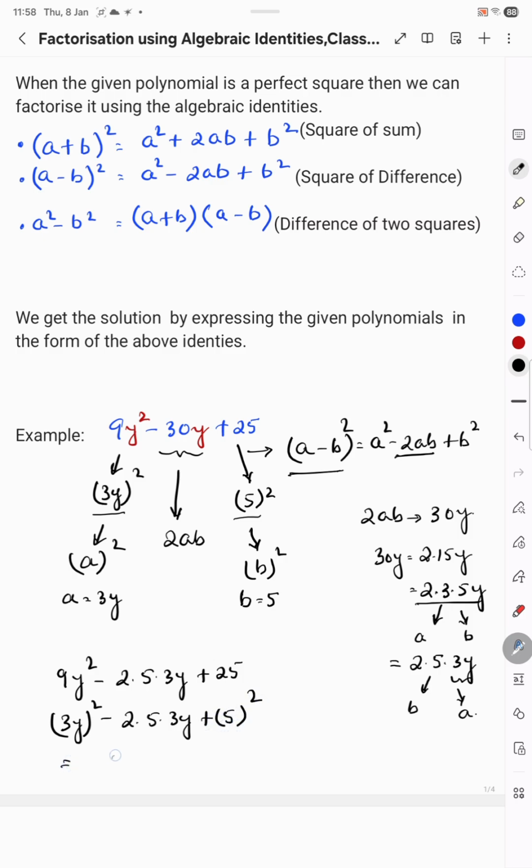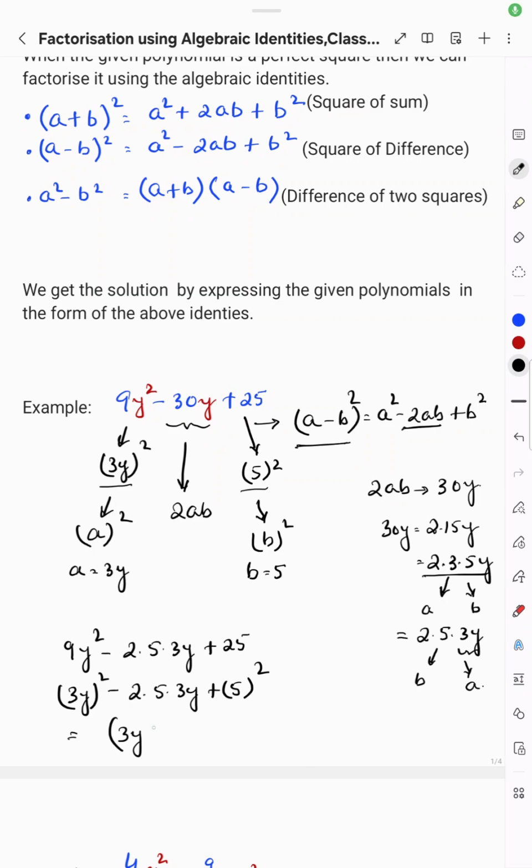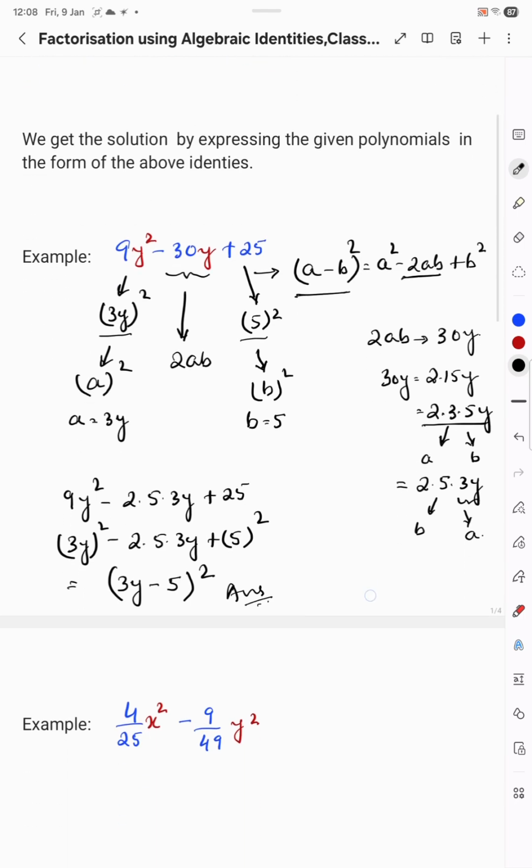So this is basically (3y minus 5) whole square. So this is our answer. Let's go to the next example.